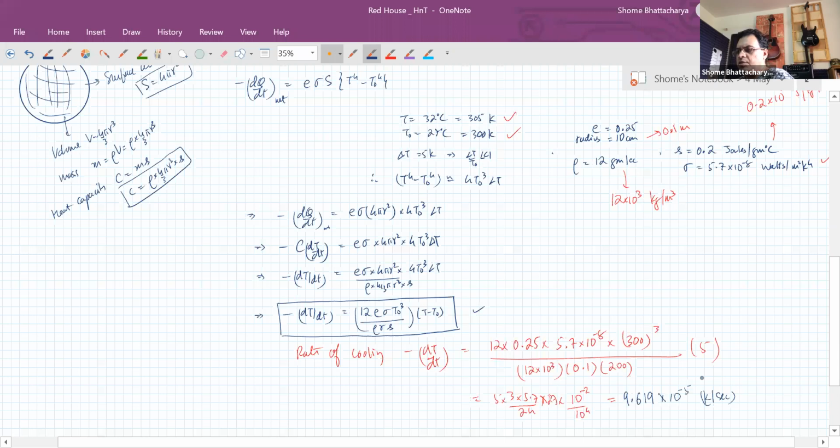So if I just multiply this by 60, and get it in kelvins per minute. So extremely slow rate of cooling, as you can see. And these are typical values in terms of order of magnitude.